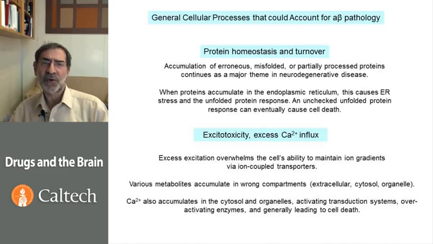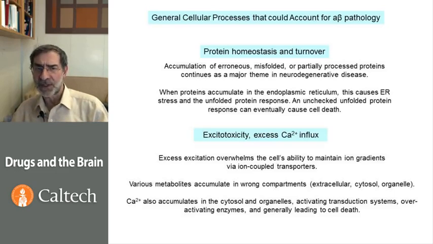In particular, when proteins accumulate in the endoplasmic reticulum on their way to secretion but blocked from secretion, this causes a phenomenon called endoplasmic reticulum stress, or ER stress, and results in a complex set of metabolic processes termed the unfolded protein response, and an unchecked unfolded protein response can eventually cause cell death. So this is a way that erroneous, misfolded, partially processed proteins, such as the complexes between A beta and other proteins, could lead to the death of neurons.